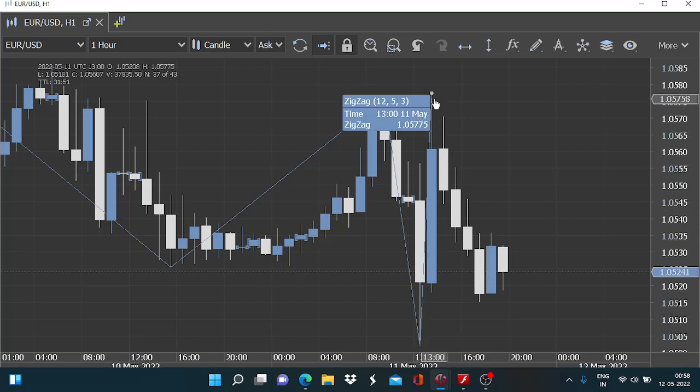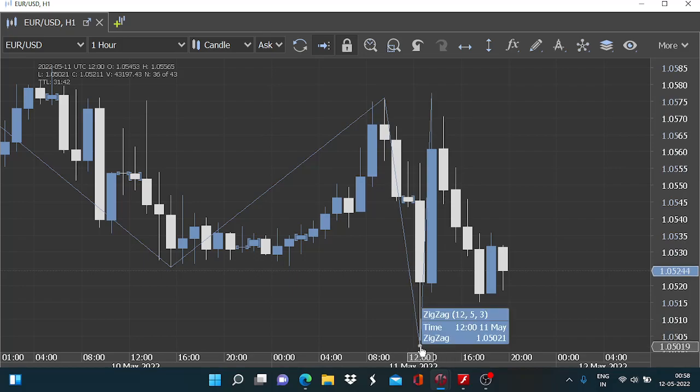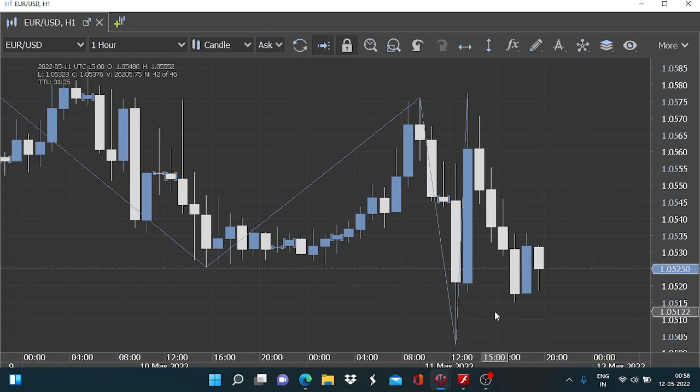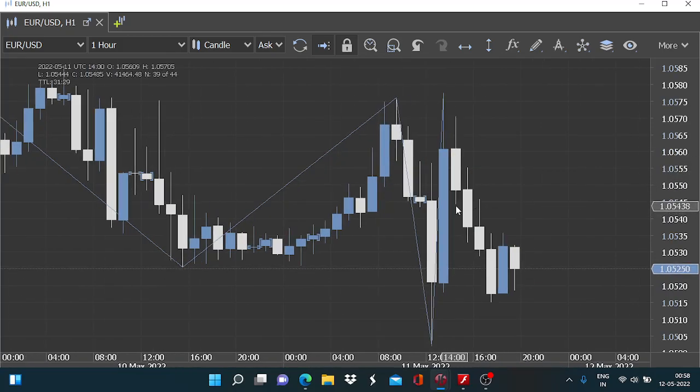So when we see a new zigzag output high being formed, we can start looking for entries to go short in the underlying instrument, and when we see a zigzag output low being formed, we can start looking for a buy trade, provided there has been a substantial move, and after that it should hold well for a significant amount of time. So these two aspects need to be considered: there should be a strong enough reversal and after that it should hold at least for an hour or two.